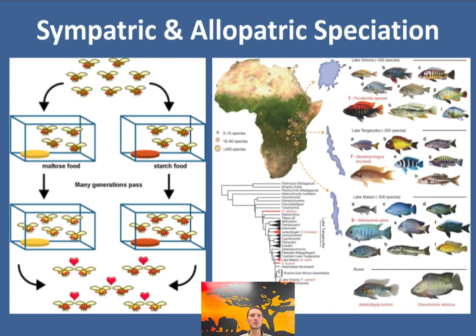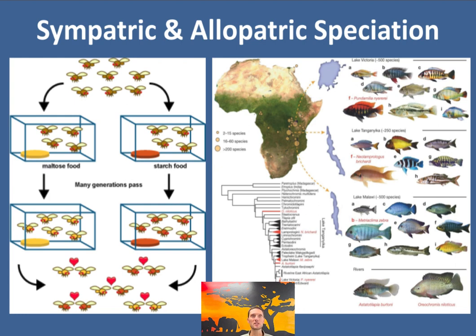And so each population experiences mutations, natural selection, genetic drift. All of these factors work independently in these two different populations, and because they're reproductively isolated, this can lead to two separate species. And so this is allopatric being the different locations. They're geographically isolated from one another.